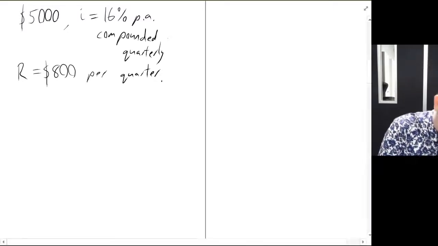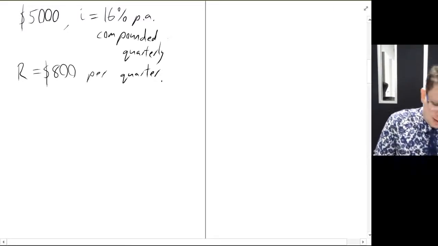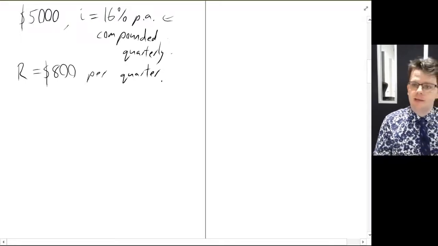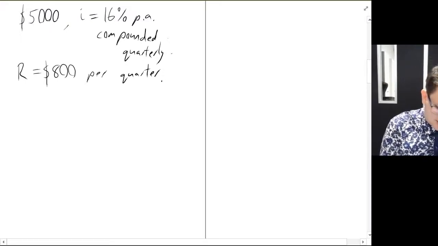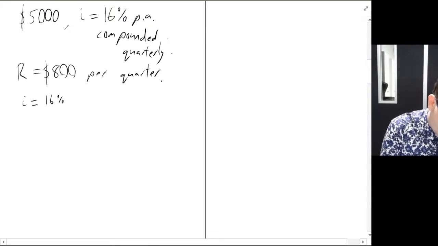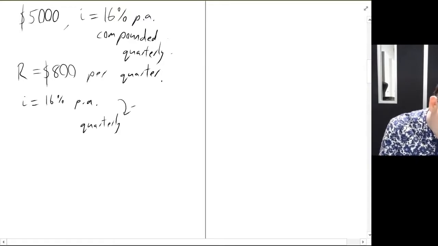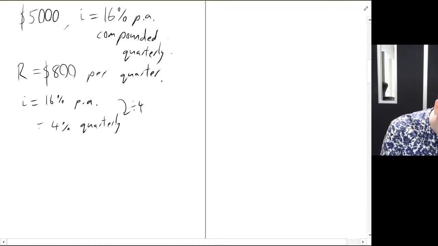First thing, got to find my R. Problem is, it's compounding quarterly, but this is per annum, meaning it's a yearly rate. So that's the first thing I'm going to need to deal with. So I is equal to 16% per annum, but I want it as a quarterly rate. Divide by 4 to make it quarterly, so that's 4% per quarter.